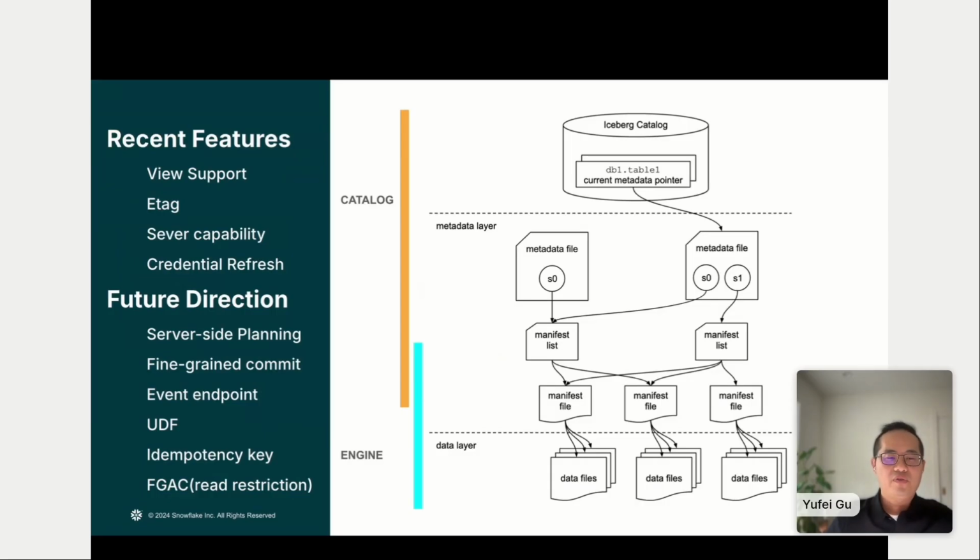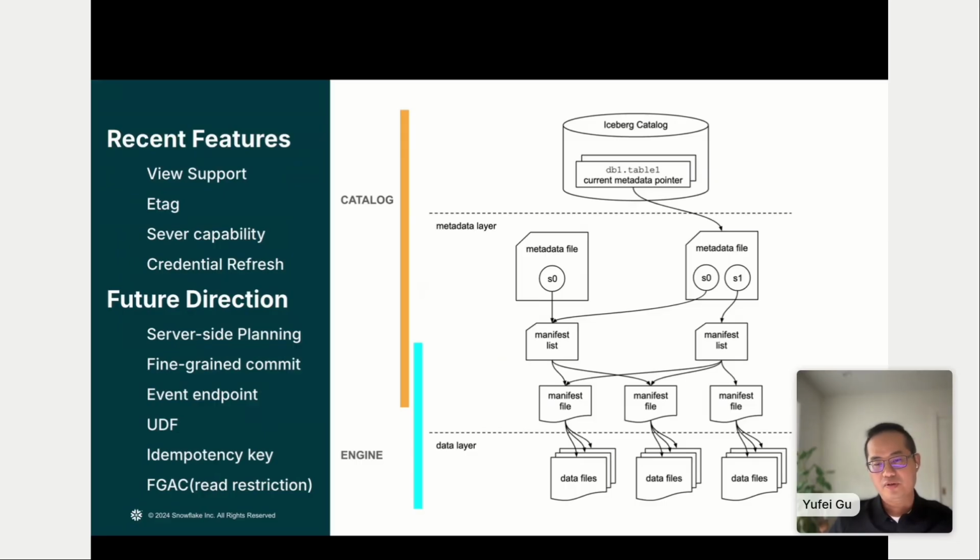And we are working on a bunch of other stuff, like server-side planning, which is super useful for untrusted engines and fine-grained access control, as well as when you want to read a particular table, say a Parquet table, as an Iceberg table. Fine-grained commits are super useful when you have very frequent, append-only commits into a table. Event endpoints will emit events like table changed, updated, created, deleted, all these events to the downstreams.